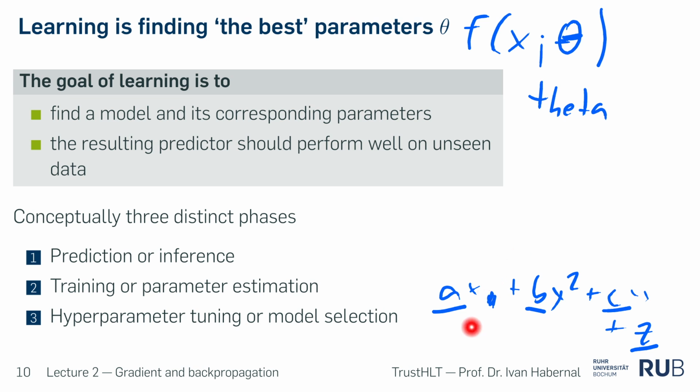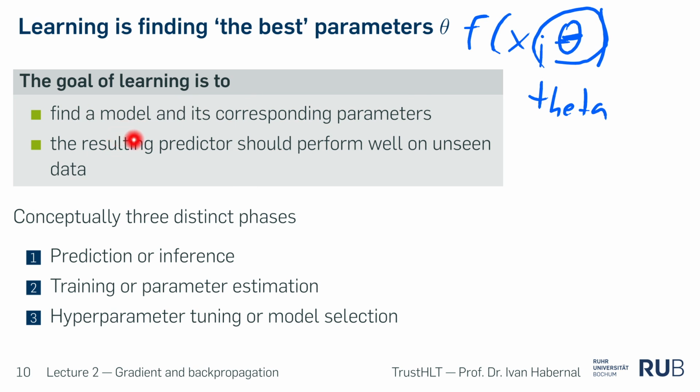But as I said, our functions are not usually polynomials. It will be something much more complex, because can you use a polynomial to turn a text into politics? Most likely not. It will be much more complicated. But these are the parameters which you want to learn, and we need to find such a set of parameters, theta, which gives us something that performs well on some unseen data.